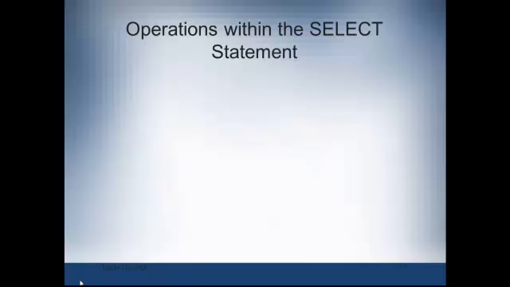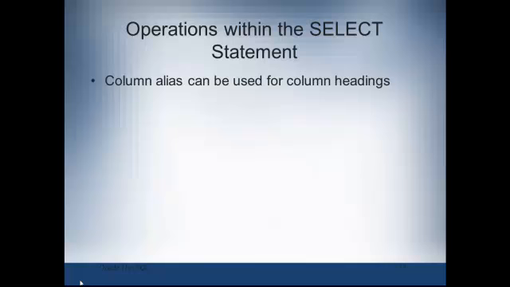Okay, some operations within the select statement. Again, that column alias is an option that can be used for the column headings. And again, that's for your display purposes. When the data is displayed, the data is displayed with column headings.